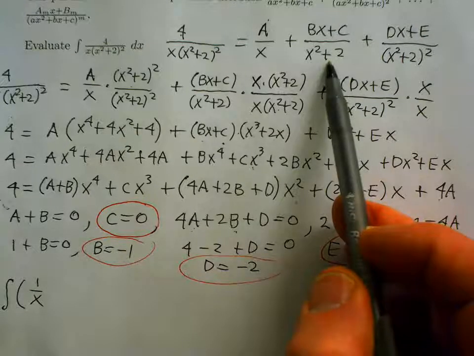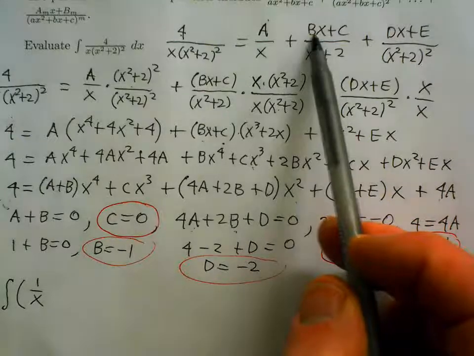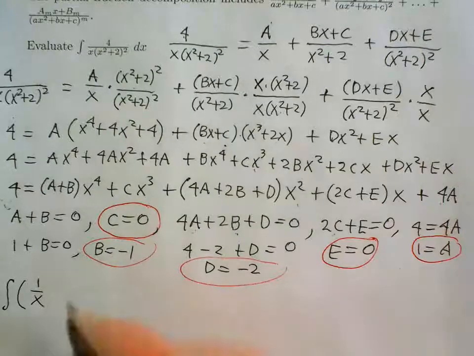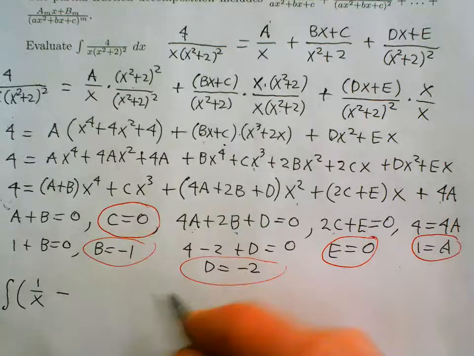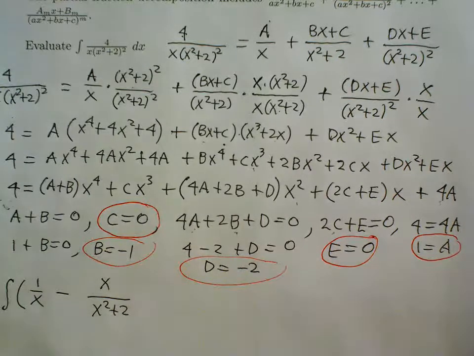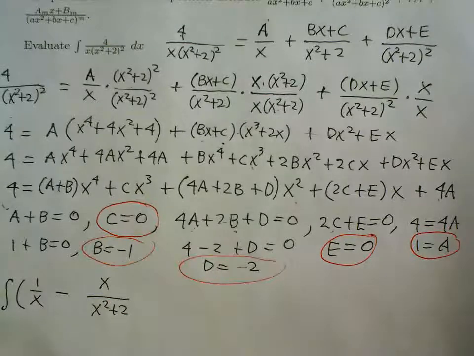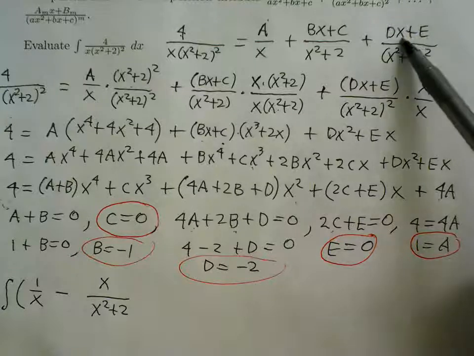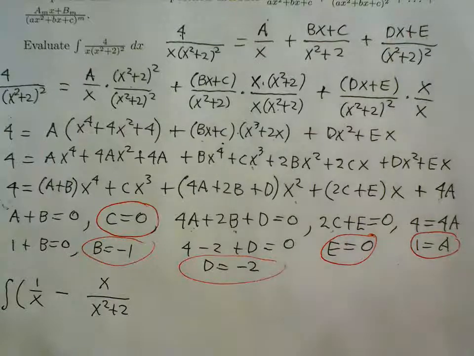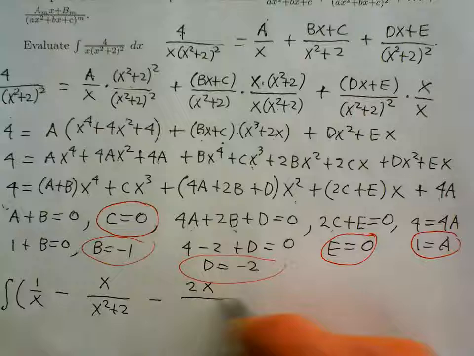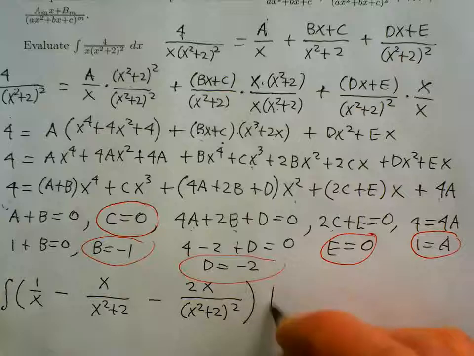So for the next term, the numerator is just negative x over x squared plus 2. But here I'll write it as minus x over x squared plus 2. The value of e is 0. D is negative 2, so this will be negative 2x. I'll write it as minus 2x over quantity x squared plus 2 squared dx.